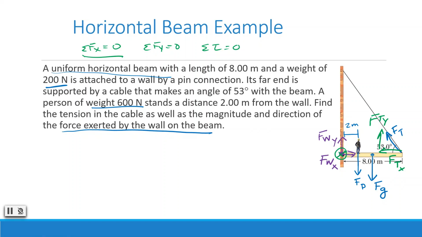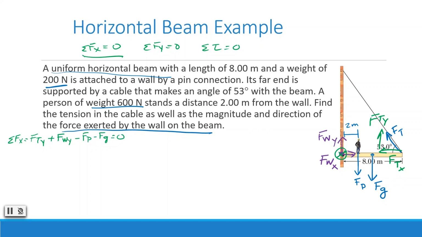So when I look at this problem and I set up my net force in the y direction, it is going to be my upward forces, which is going to be Fty plus Fwy, minus the force of the person, minus the force of gravity, and that has to add up to 0.